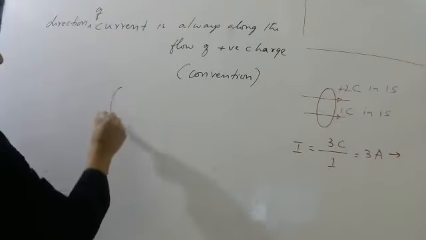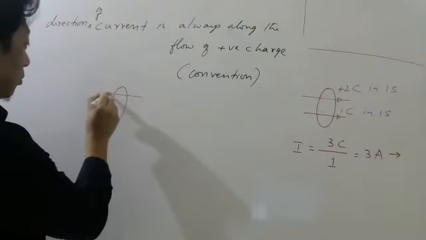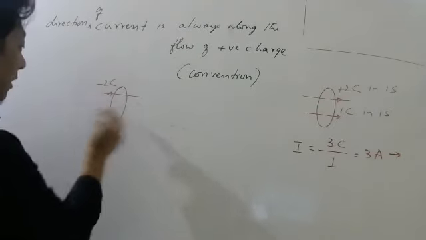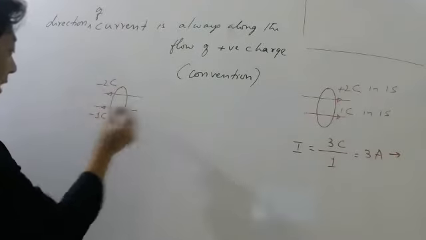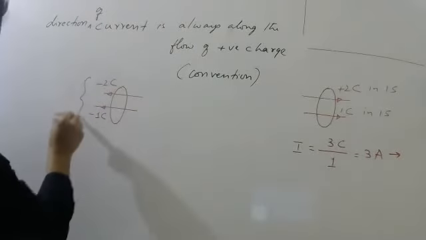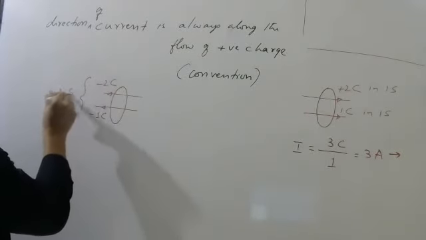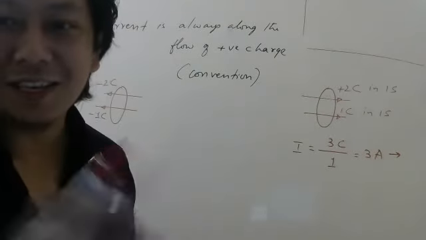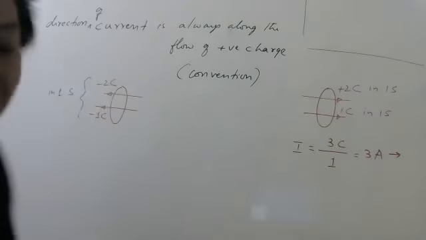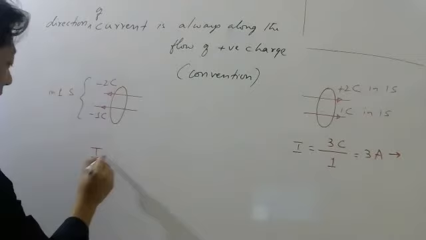But suppose minus 2 coulomb is passing like this, and minus 1 coulomb is passing like this in 1 second. If they say in 2 seconds, then divide by 2 seconds. So then how much will the current be?